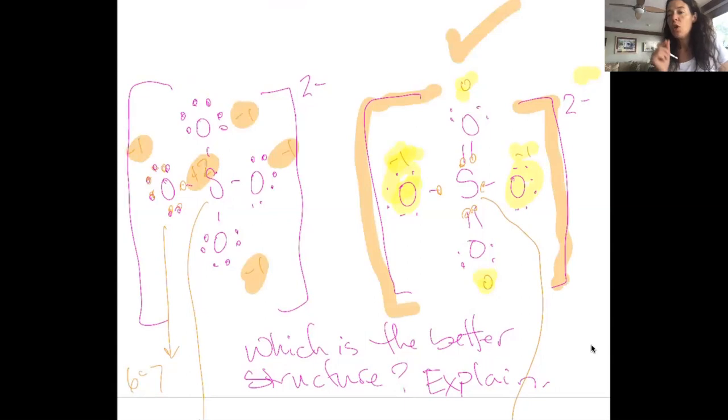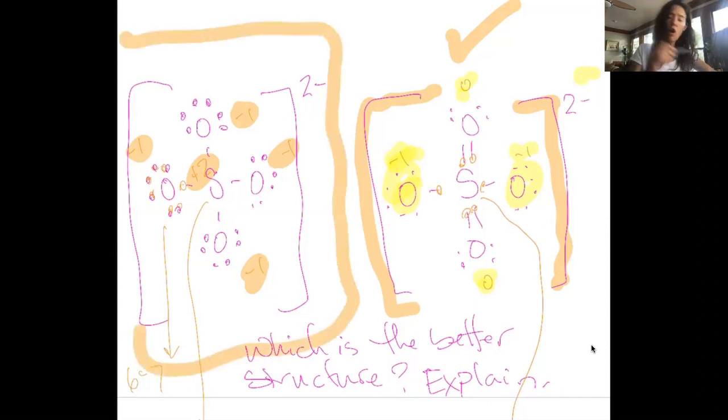Now, listen to me. When you are asked to draw a Lewis structure, you do not need to consider formal charges. You need to satisfy the octet rule. So yours would look like this if you draw it for sulfate. They're probably not going to ask you for this reason. Your job, for AP, I'm telling you, I know these things, use the octet rule.